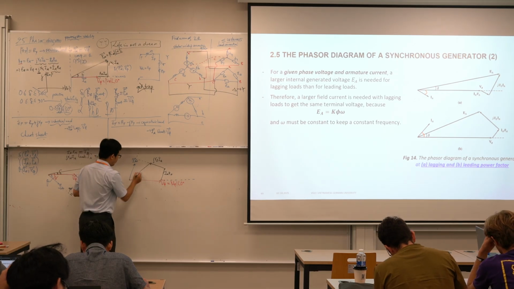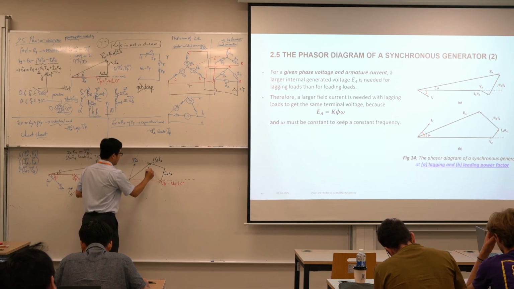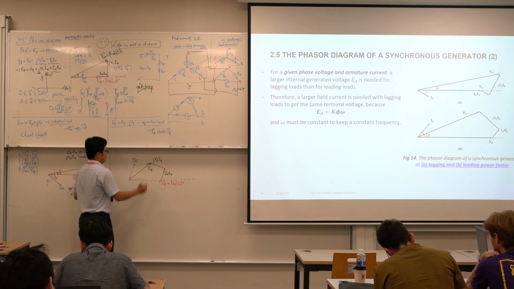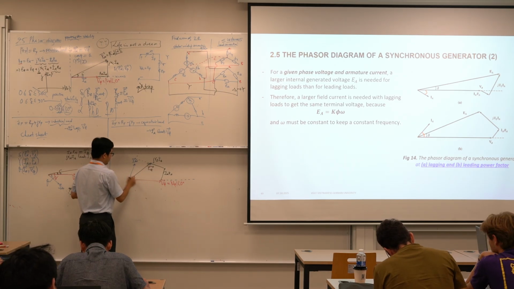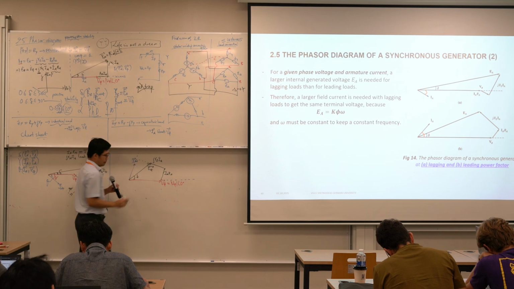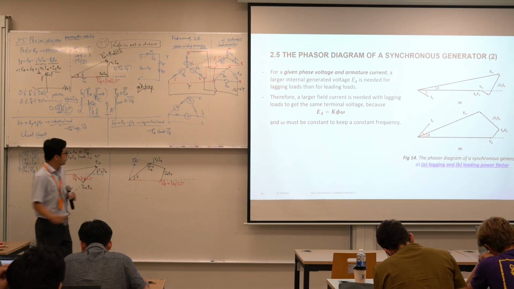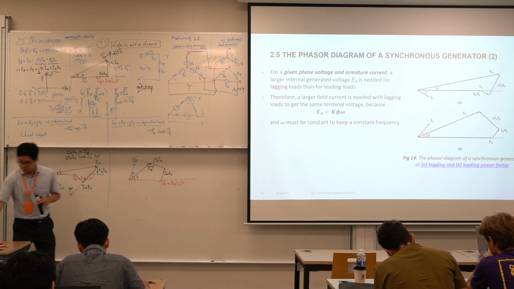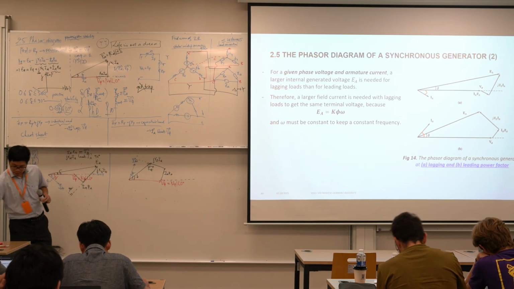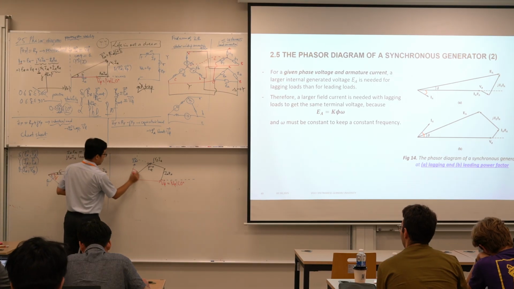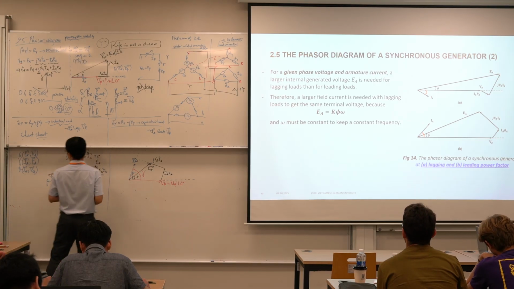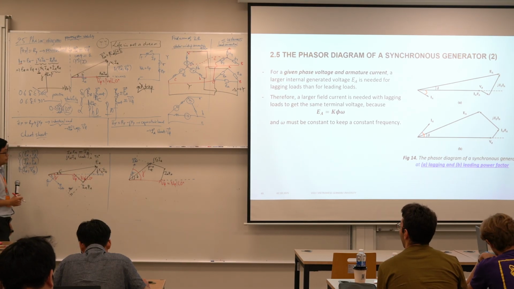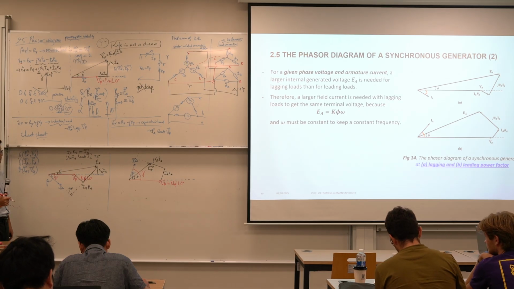So now this one is EA. This one is delta. This one is theta. And this one is gamma. Okay?